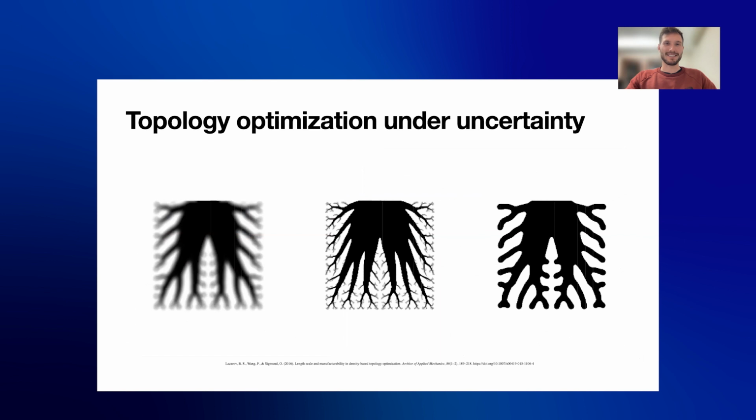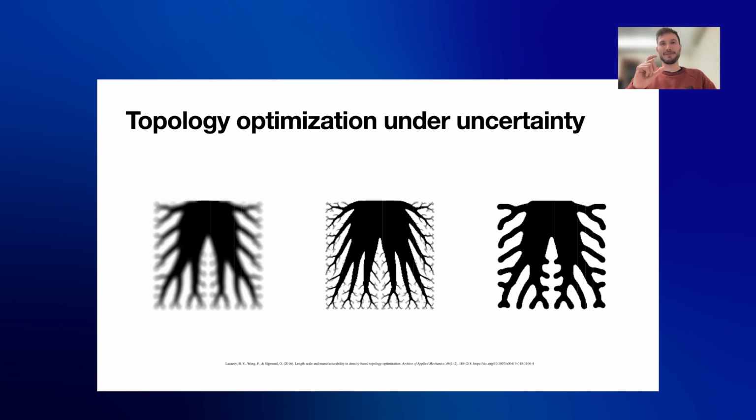And I'm almost done, my last slide. So usually you have some filtering that leads to a design, then you apply some thresholding and it leads to the middle design, but the design might not be as appropriate as before. And what we need to do is include the fields inside the topology optimization.